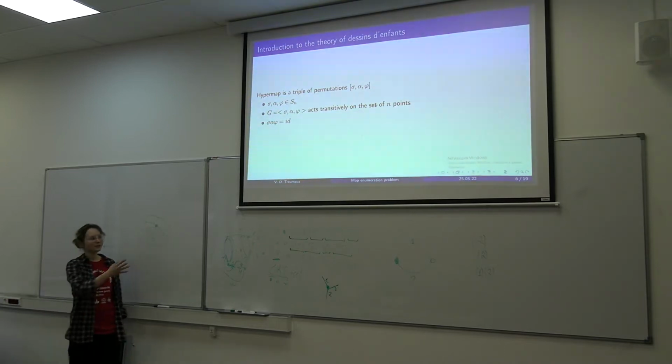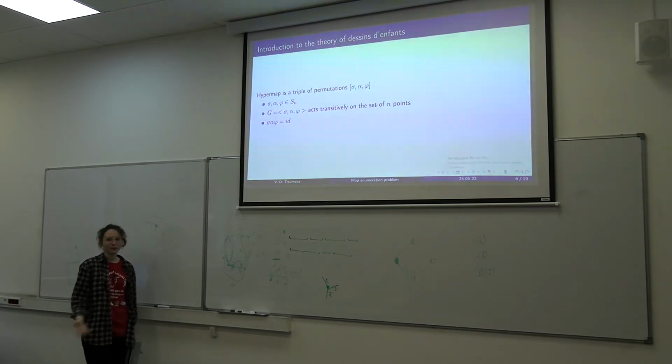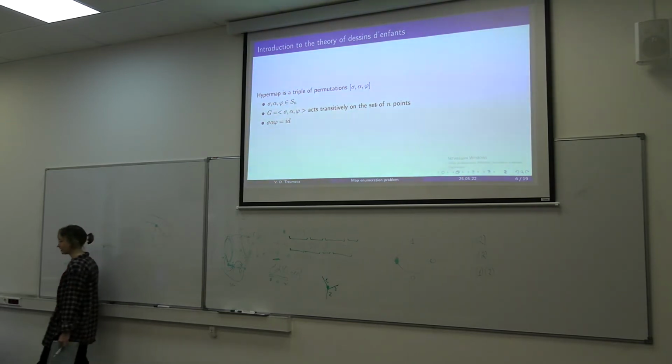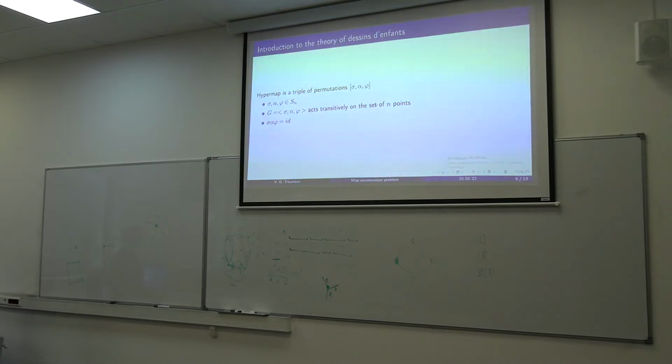You can take any permutations, draw your own graph, and easily see that it lies on some surface, and we can find its genus using Euler's characteristic, because we know the number of vertices, edges, and faces.